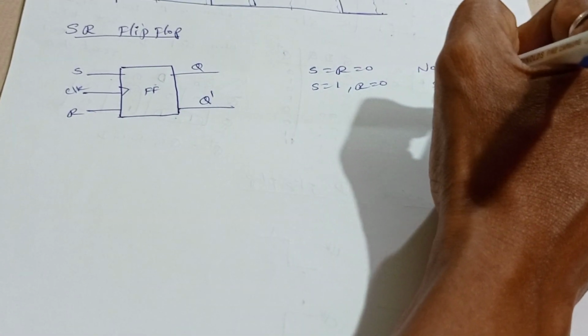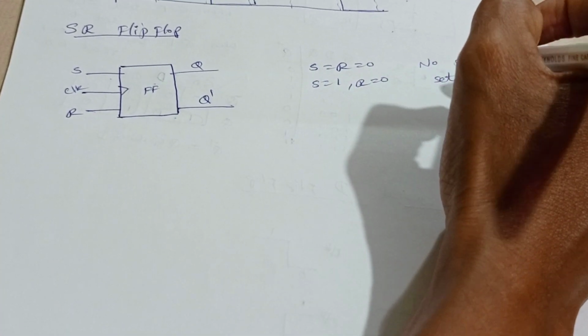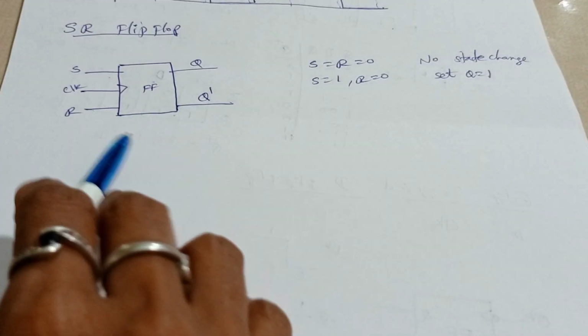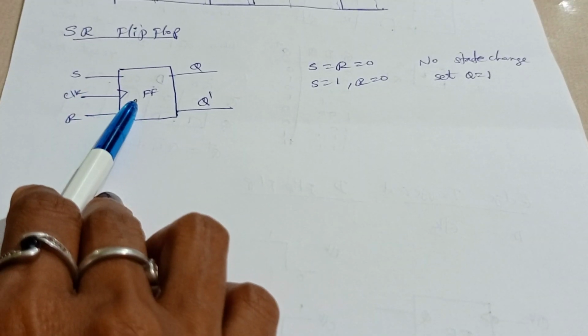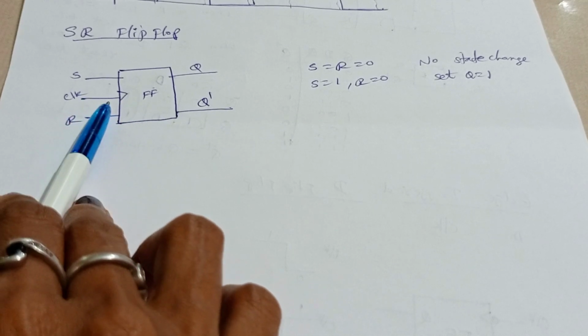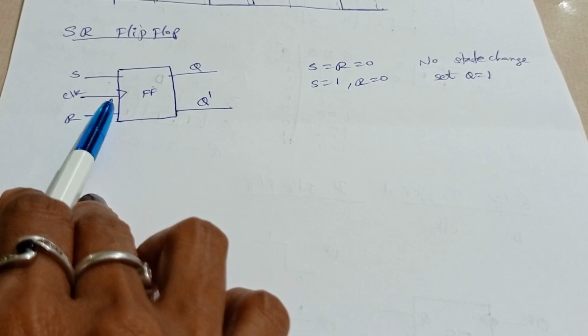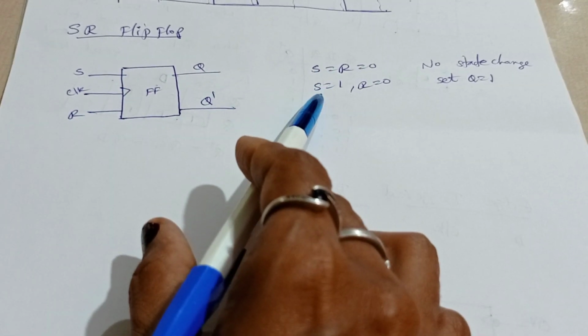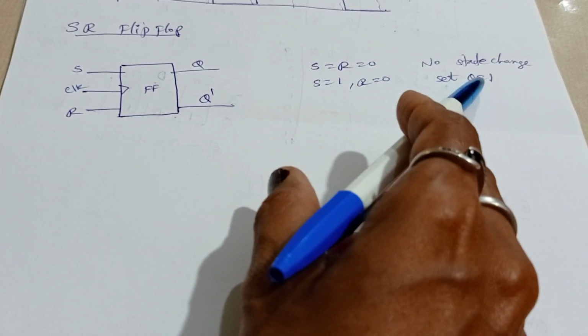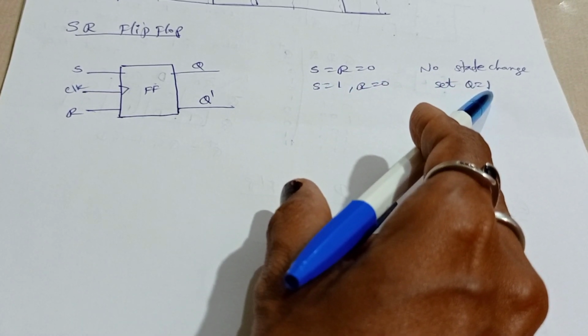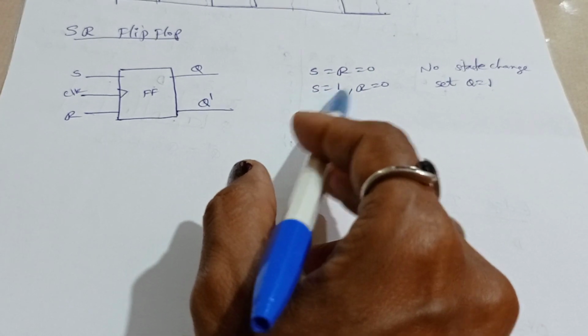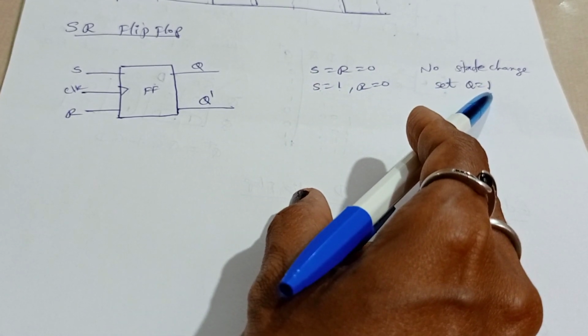Q is equal to 1, set. The difference is that this happens after applying the active clock edge: when S is 1, it sets the output Q to 1.